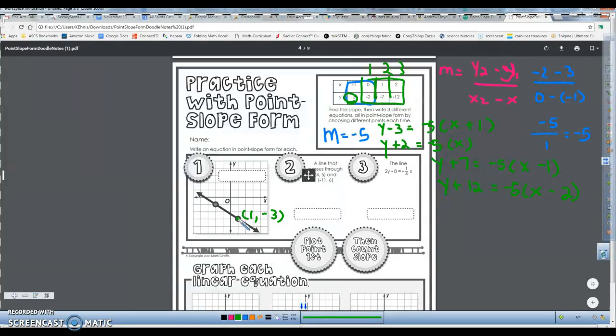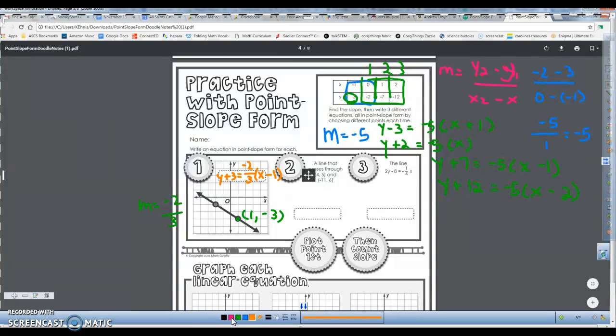And if I count my slope, I go up 2 over 3, but left 3, so it's a negative. So my slope, m, is negative 2/3. So, if I wanted to write this in point slope form, I would say y plus 3, because that was a negative, equals negative 2/3 times the quantity x minus 1.